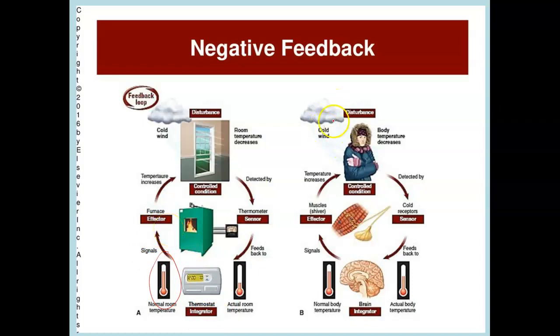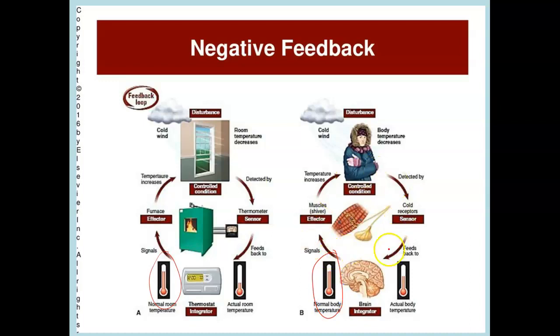You go outside, you're in a cold wind, your body temperature decreases. We have receptors in different parts of our body that detect a drop in body temperature. That sends information to the hypothalamus of the brain, and the brain says, oh, it's getting cold, we better start doing something. And so that causes us to start shivering. Shivering is a way that our body increases body temperature. The increase in body temperature is then monitored again by the brain until we reach a normal body temperature.